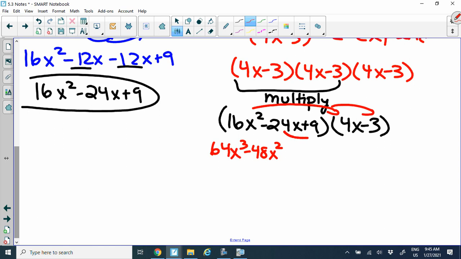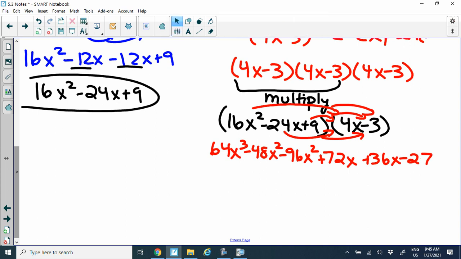I do the same thing with my 24. So 24 times 4, I get negative 96x squared plus 24 times 3, 72x, and then my 9. So 9 times 4 gives me plus 36x, and then minus 27.